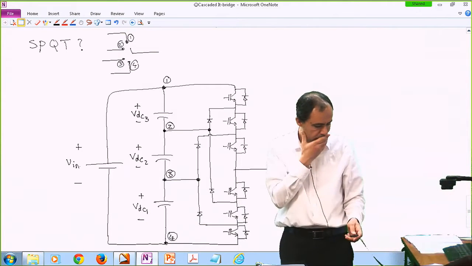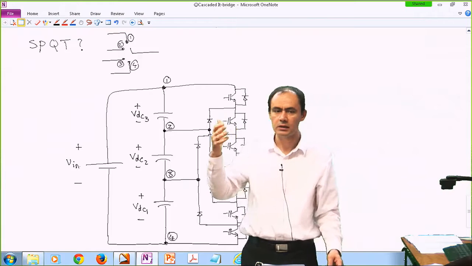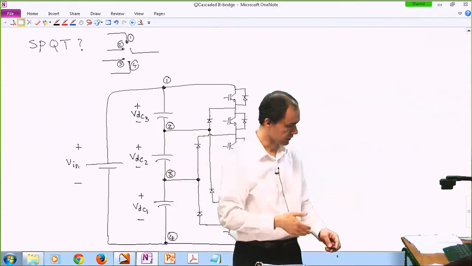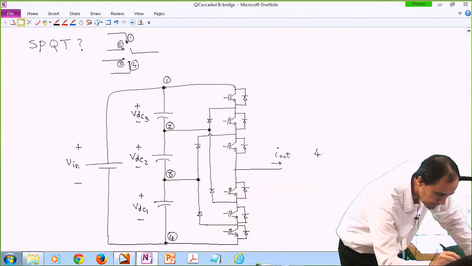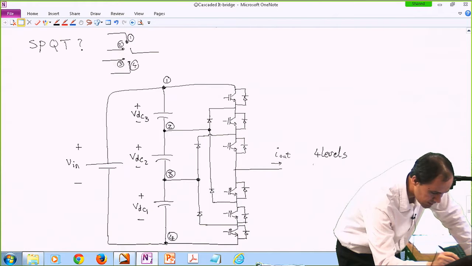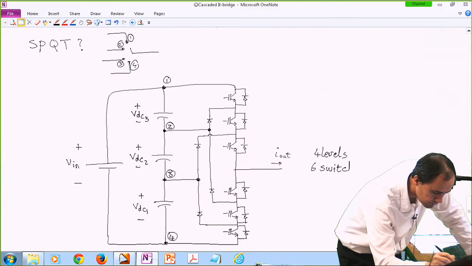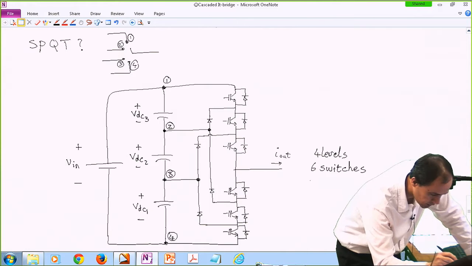Okay? And then we can extend this idea to even more levels, like 5 levels and beyond. So we have 4 levels here, and we are using 6 switches and 10 diodes.